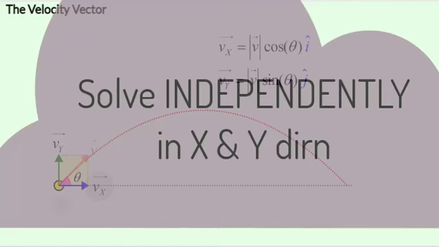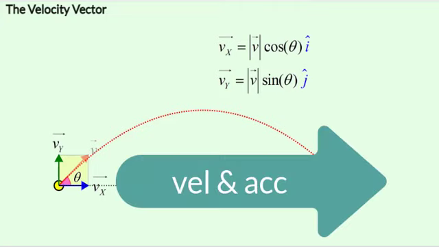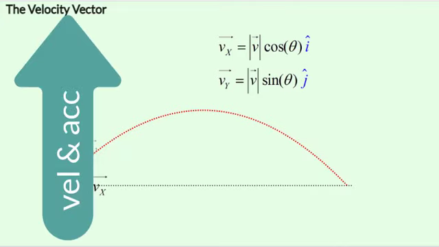In the first step, we use the initial velocity and acceleration along the x-axis and completely ignore the y-axis. This way, we determine the x displacement. And in the second step, we use the initial velocity and acceleration along the y-axis and completely ignore the x-axis, and this way we determine the y displacement.